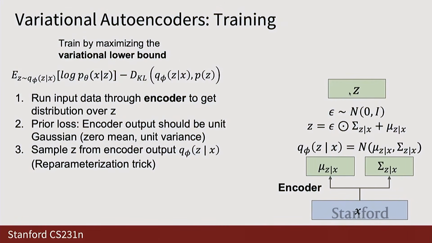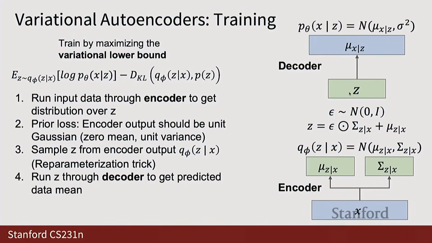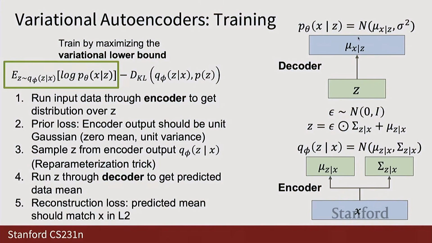We draw a sample z, run it through the decoder to get the normal distribution predicted by the decoder, and then apply the reconstruction term of the loss to the output of the decoder. So even though this looked like a large, scary slide of math, it led to a not too crazy training objective.